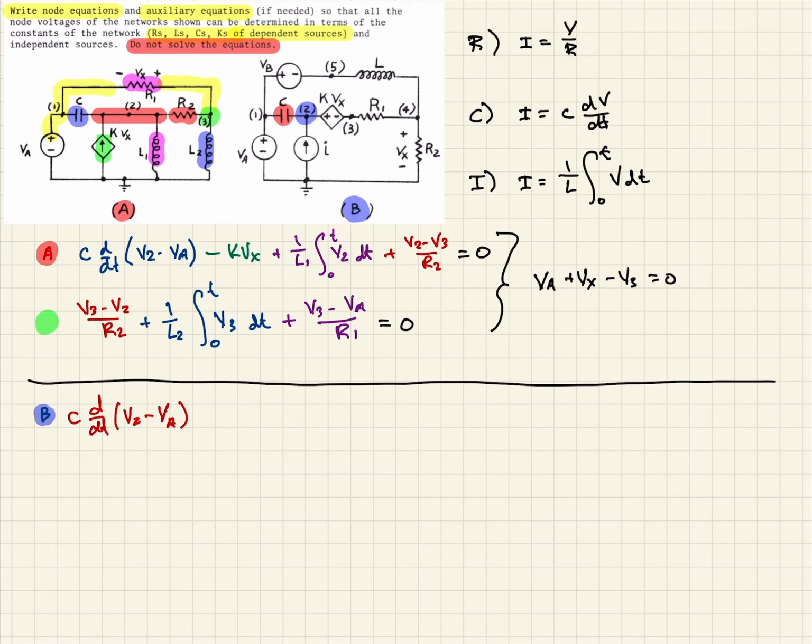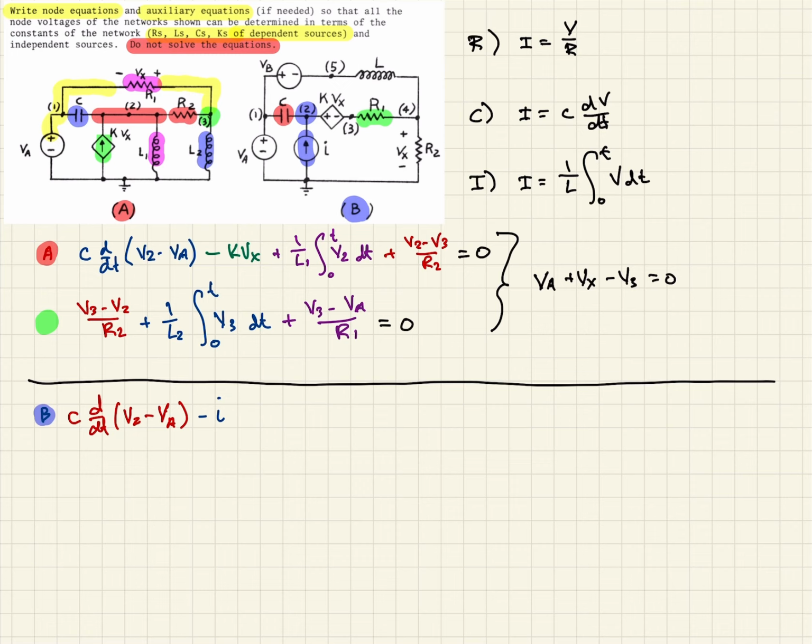And then as we move around, we see this branch here. It's just a current source, just I, and it's entering, so that'll make it negative, so minus I. Simple enough. Moving around, we see we have R1. To account for the voltages across that, we have to take in that dependent source.